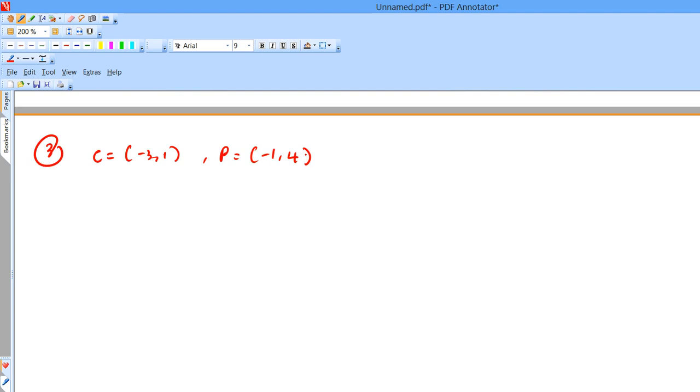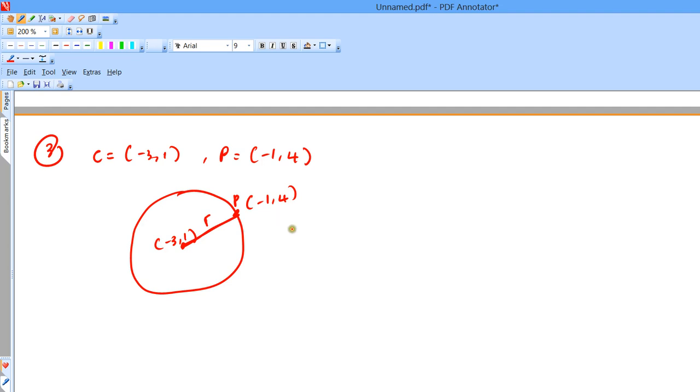To write the equation of the circle, we need to know the radius. The radius refers to the distance from C to P.